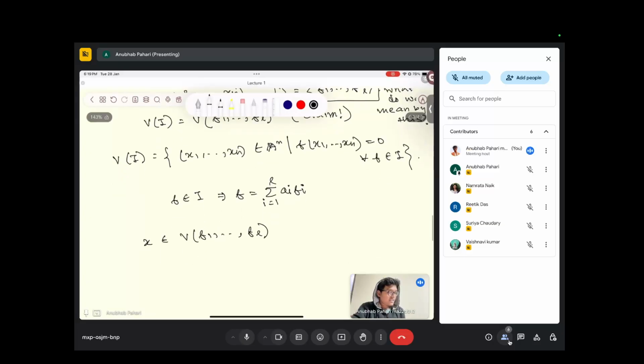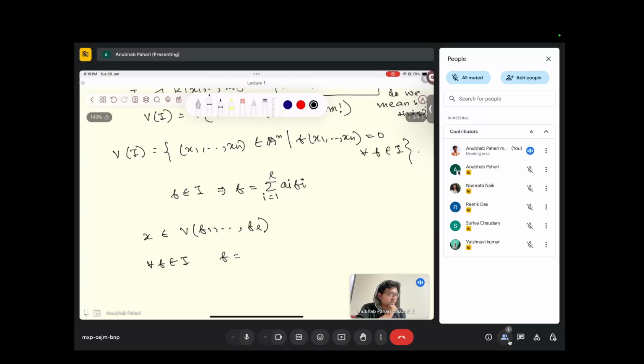Then I can see that for every f belonging to I, f(x) should be the sum over i from 1 to L of ai(x) fi(x), right?